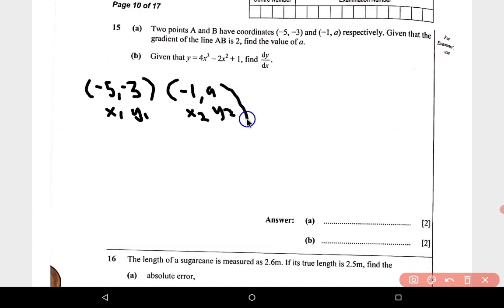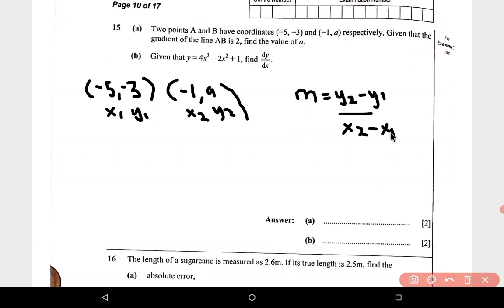We have the formula for gradient: m is equal to y2 minus y1 over x2 minus x1. Let's see how we can answer this kind of question.